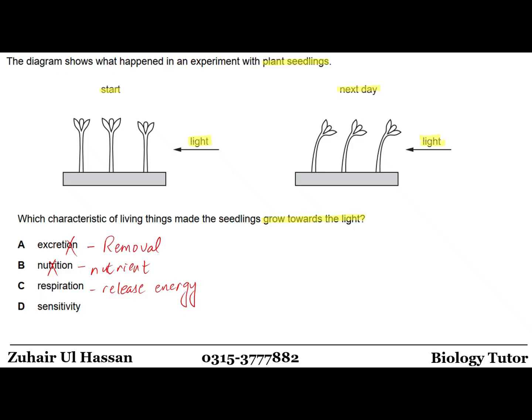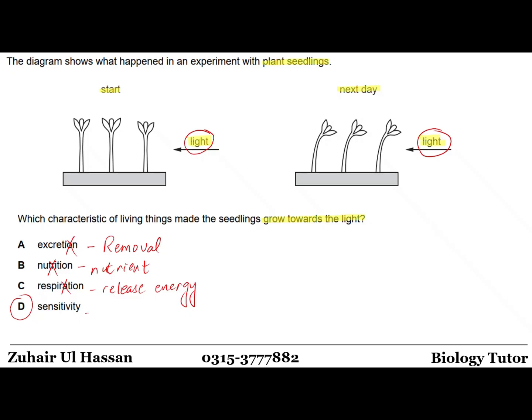Simply, the plant seedling is growing toward the light, and in this diagram there is no chemical reaction going on. So that's also not it, but yes, it's sensitivity, because the plant has shown a response to a change in the environment, and that change is in the form of light present in the external environment.